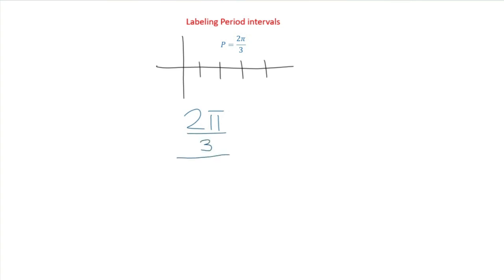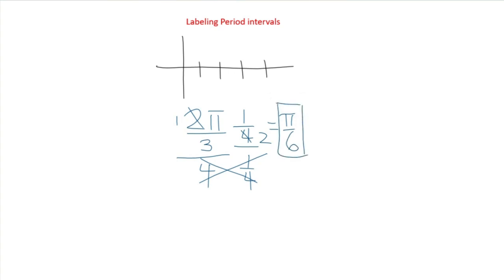We're going to divide that by 4. So we're going to say 1/4 over 1/4 to cancel our denominator, which would equal 1. And we can simplify the 2 and the 4, so this would equal pi over 6. That's going to be our first interval here, and also what we continue to add to each additional interval.